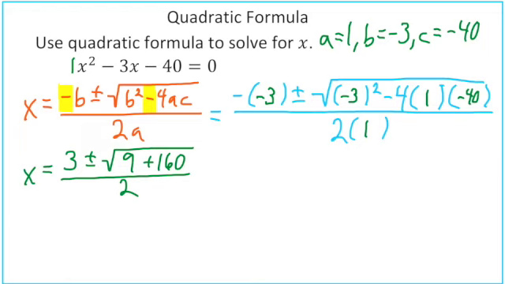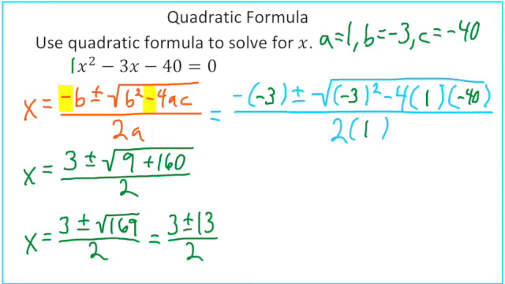All right, we're not done. We have to continue simplifying this. The next thing we'll do is 9 plus 160, which is 169. Sometimes that square root is a perfect square, and we can simplify it further. The square root of 169 is actually 13. From this point, we break this into two possible answers because of the plus or minus.